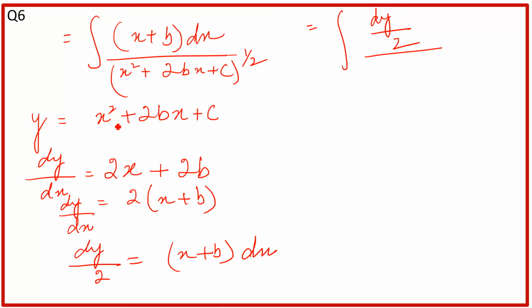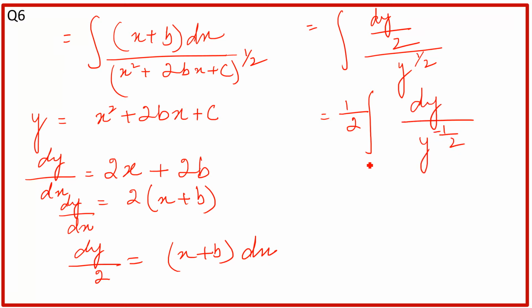Divided by, see, x square plus 2bx plus c is equal to y, and the power is 1 by 2 because we have substituted without the power. This 2 is a constant, so we will take it outside the integral sign. Here we have dy, 1 over 2, and the integral sign.